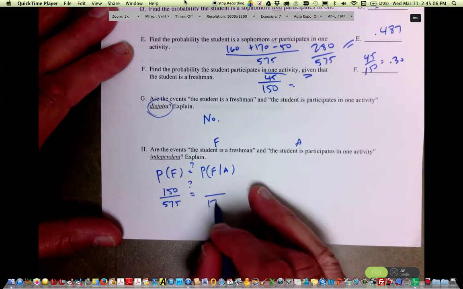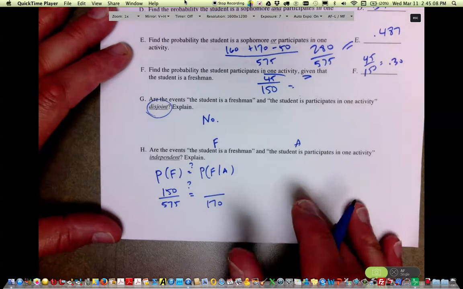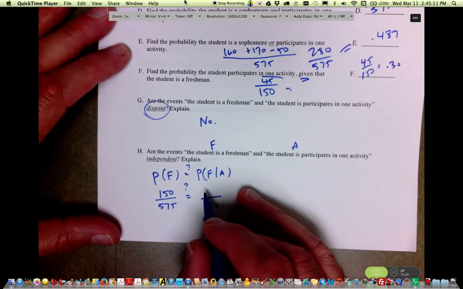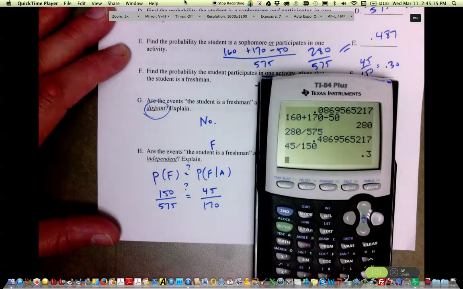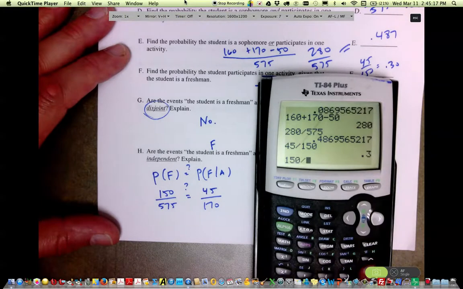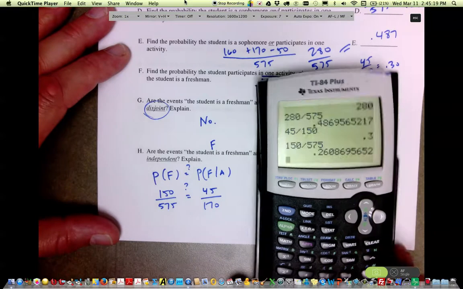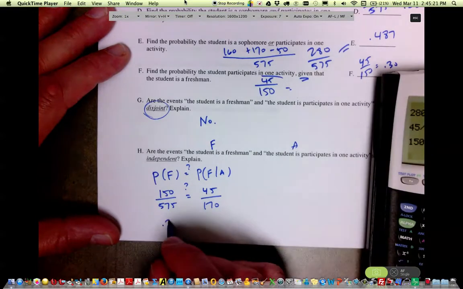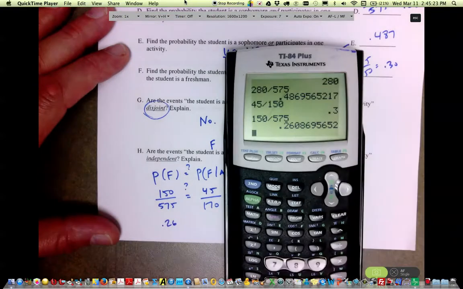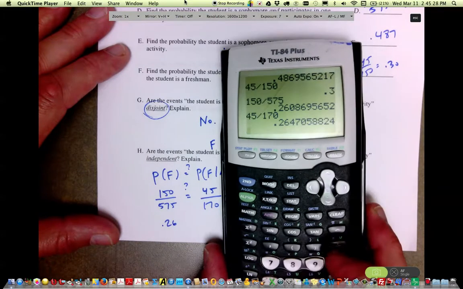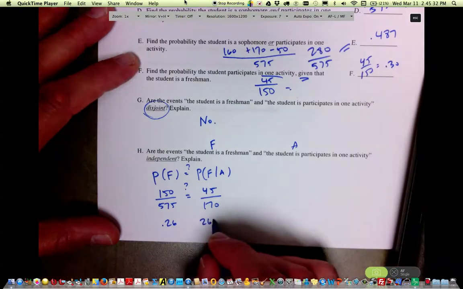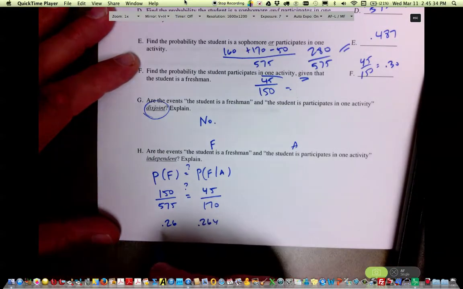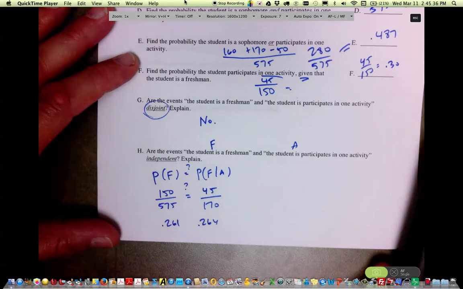There's 170 people that are in 1 activity, and of those 170, 45 are freshmen. 150 out of 575 is about 26%. 45 out of 170 is about 26.4%. Actually, this is 26.1%.